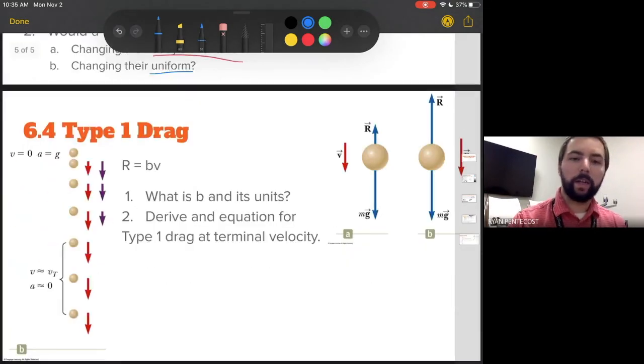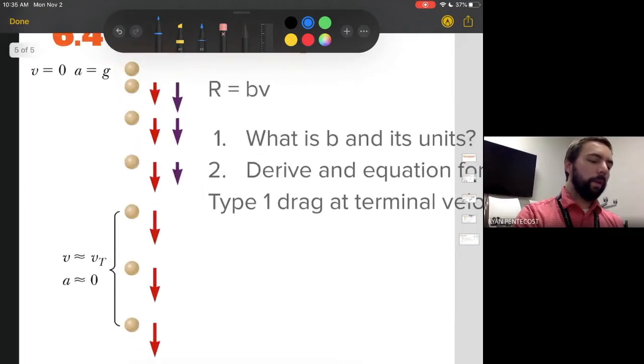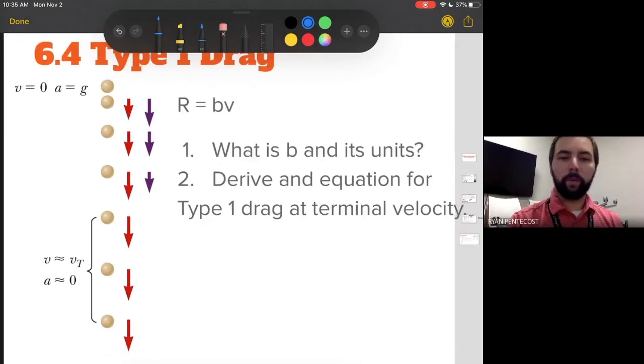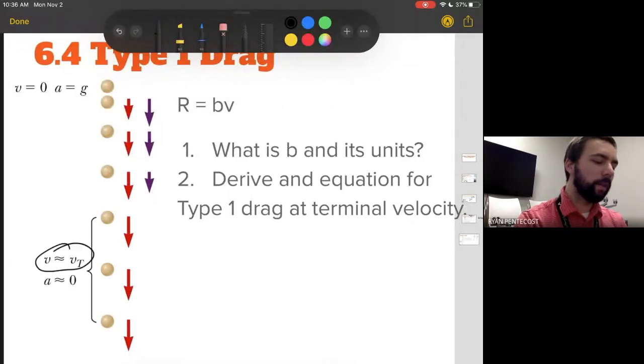All right, last slide is type 1 drag. So R equals bv. We've got a couple pictures here I want to talk about real quick. This is just an example of terminal velocity, right? You start out with velocity equals 0, acceleration equals g. But then eventually, you can see that those start spacing out more and more until eventually the velocity is terminal velocity, but then your acceleration has hit 0.